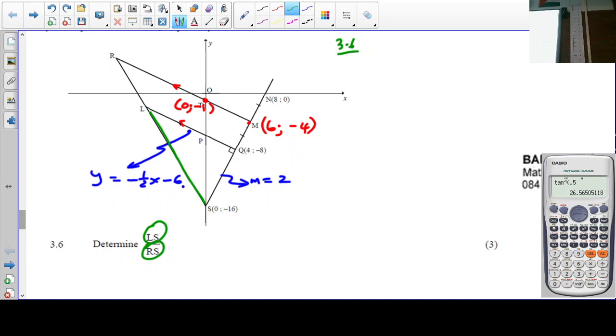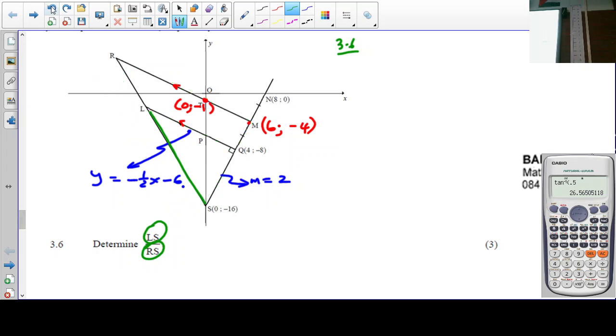Over RS, which is that line. So again, that is a line between two parallel lines. Not so, this is forming a triangle. Not so?